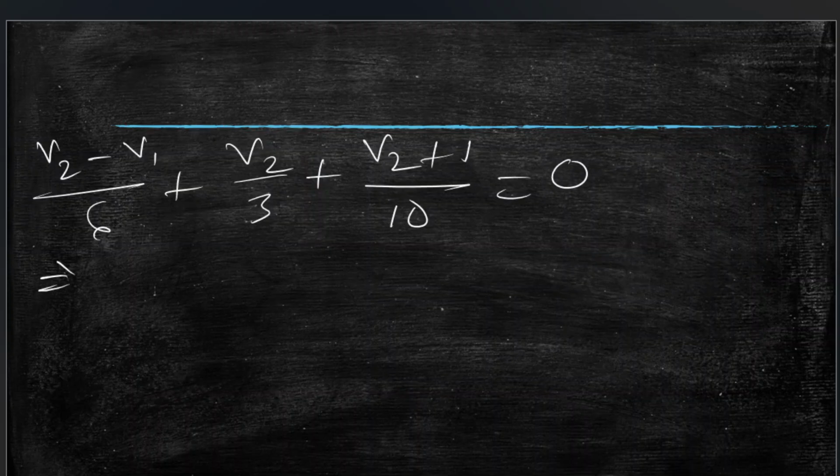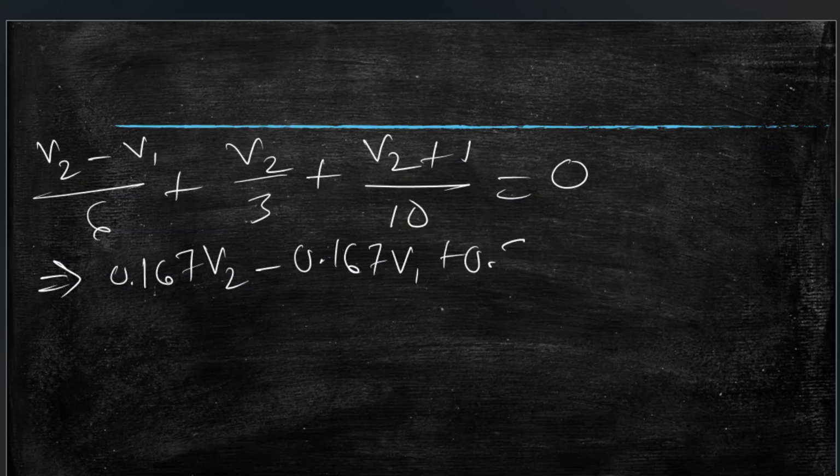Right. Now let's simplify. V2 over 6 is 0.167 V2 minus 0.167 V1, plus 0.33 V2, plus V2 over 10, so 0.1 V2 plus 0.1. Let's send that to the other side, so equal to minus 0.1.